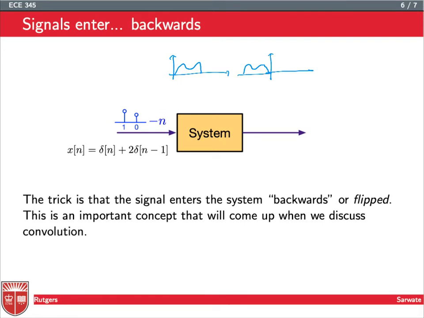I know I'm not the greatest at drawing, but this part here is the same as this part here. So when I plot the signal, it basically starts going in backwards. If I progress along the signal, I'm drawing it out like this, and then like this, as it's going into the system. That's how it goes in on the wire, actually.